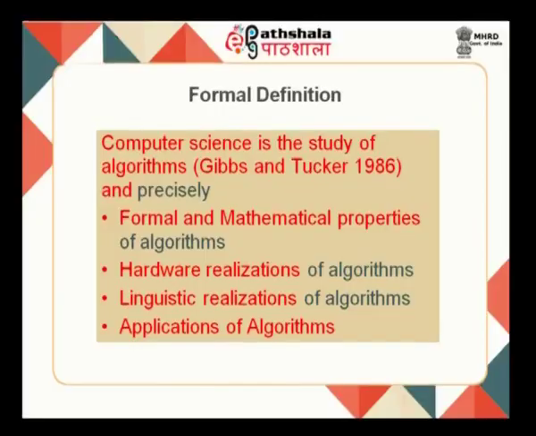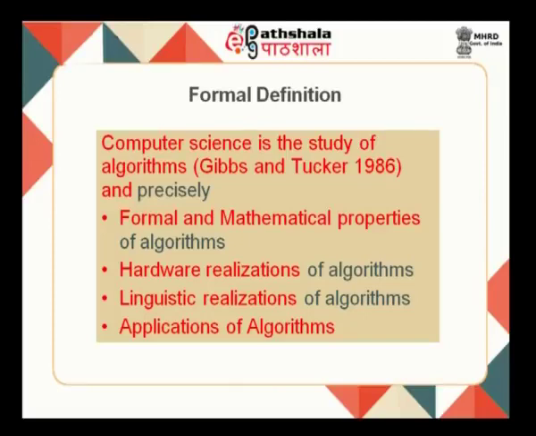What is computer science? How to formally define it? There is no standard way of defining computer science. There are various definitions. One definition that captures the essence of computer science is provided by Gibbs and Tucker as part of the ACM curricula development scheme.